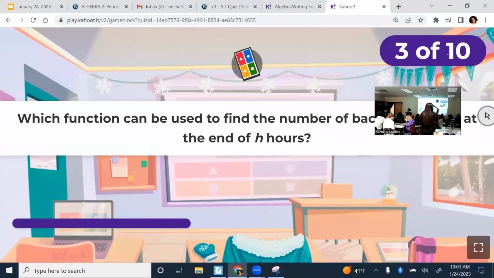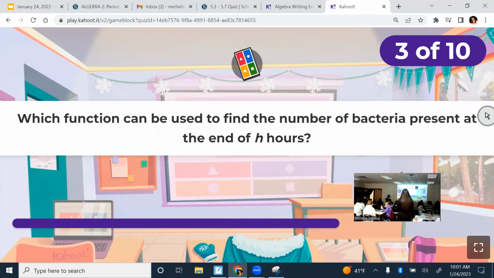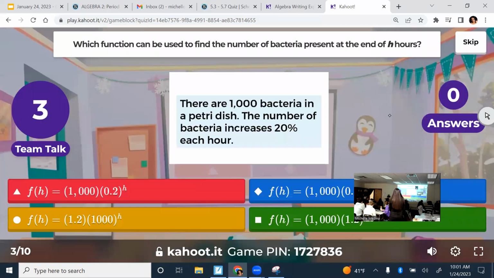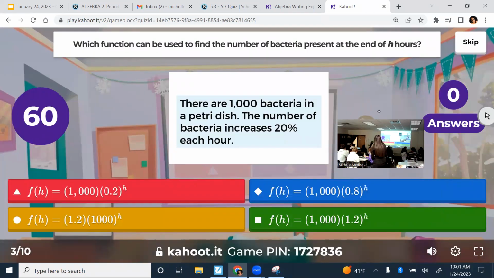All right, which function can be used to find the number of bacteria present at the end of H hours? So there's 1,000 bacteria in a petri dish. The number of the bacteria increases 20% each hour.